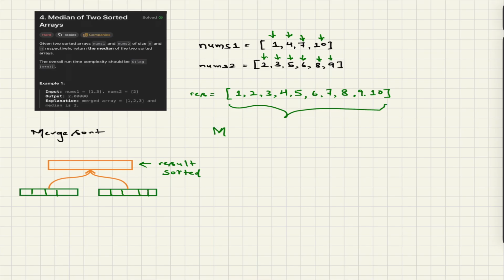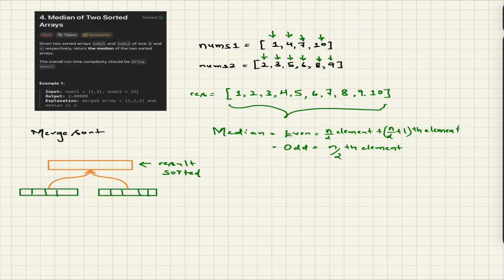Now we already know how to find the median when we have even length versus when we have odd length. If the length is odd, we just find the n by 2th element. In the even case, we take the n by 2th element plus the n by 2th plus 1th element, like their average.